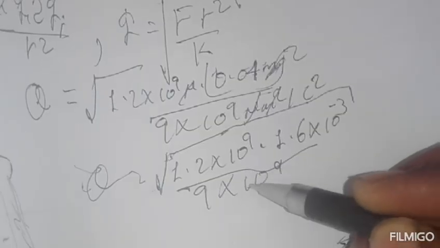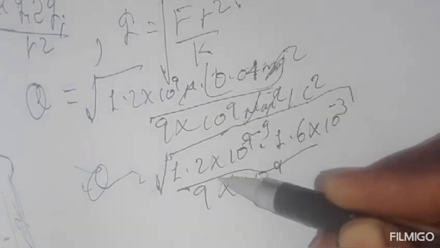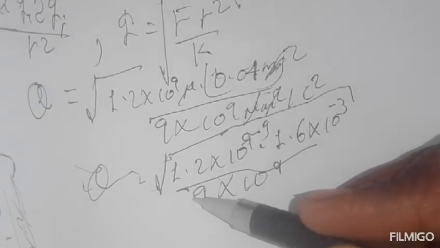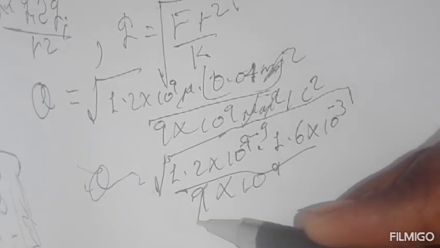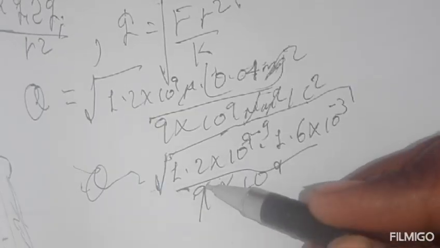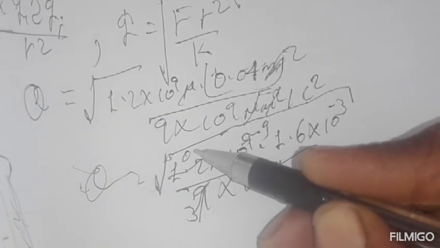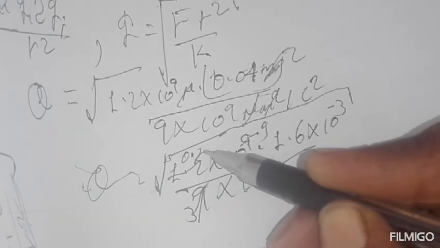10 to the power of 9 would cancel, and 1 remains, then divided by 9. Cancelling the common terms, here you have by 3, by 3, 0.4.